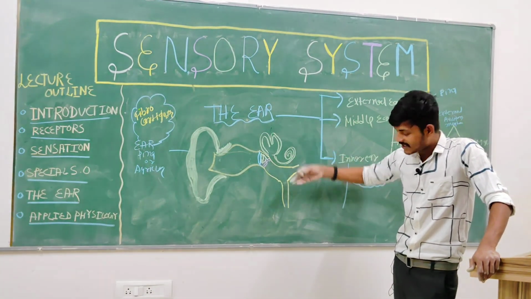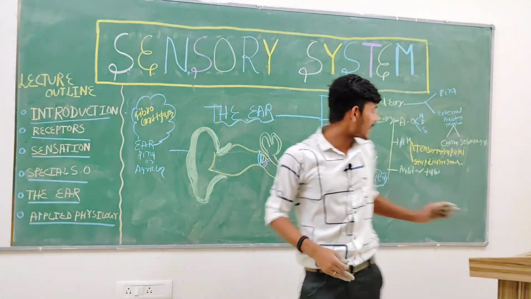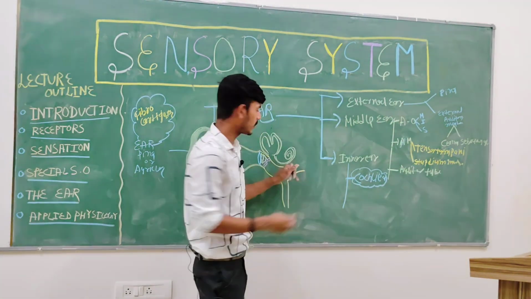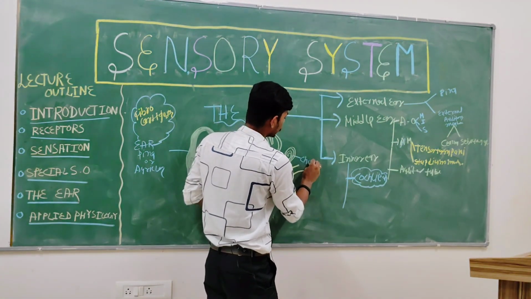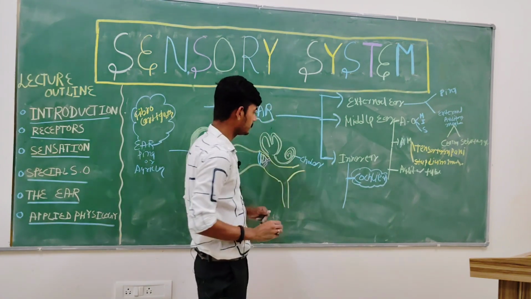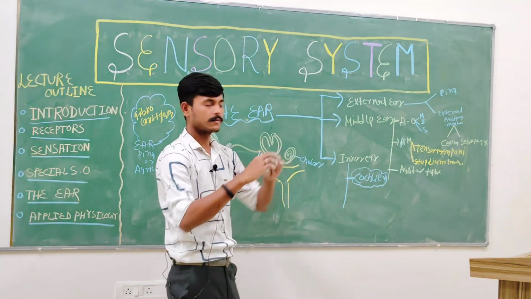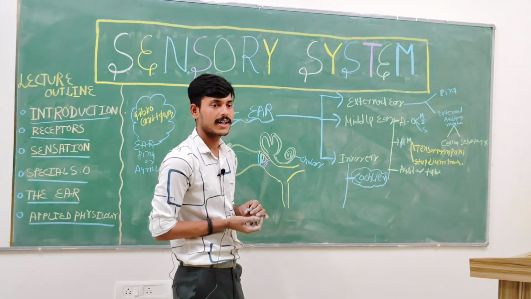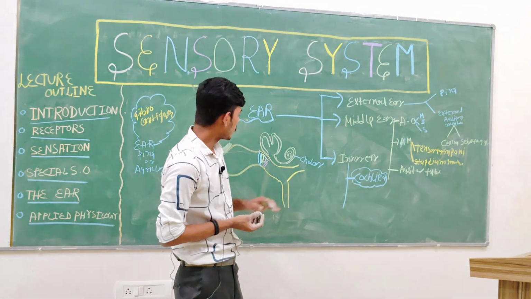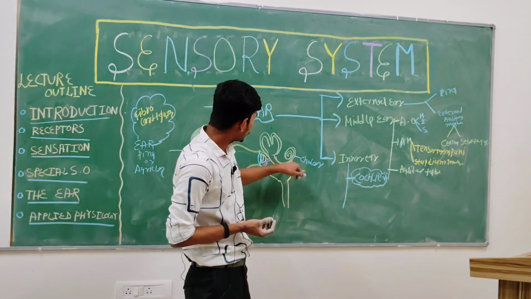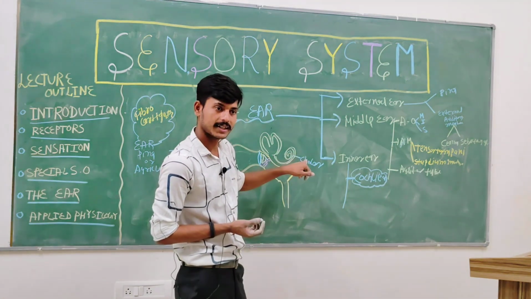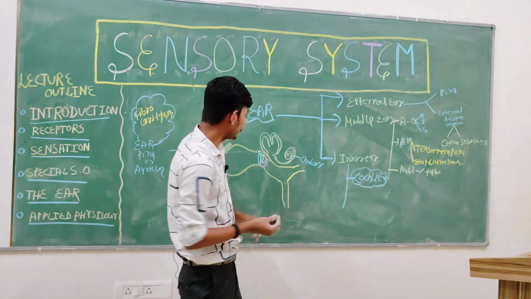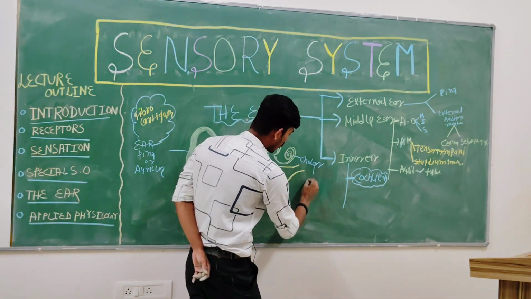If you cut a section of the cochlea, you will find a special arrangement of cells. Basically it contains membranes, and inside this membrane there is one organ called the organ of Corti.